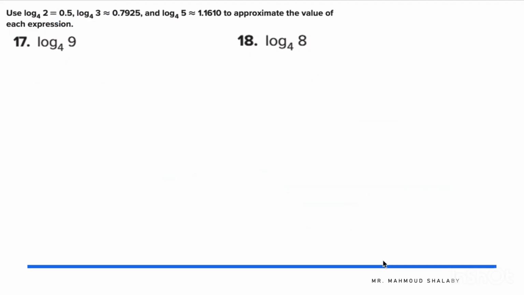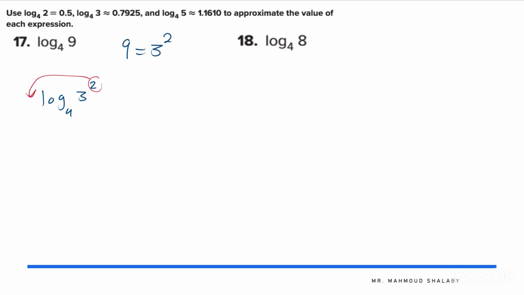All of these questions are the same. We can have a slight change here. For example, here I have log 9, and actually I don't need to factorize the 9. I know directly it could be written as 3 to the power of 2. So I will rewrite it as log 3 to the power of 2 to the base 4, and don't forget I will use the property of the exponent.